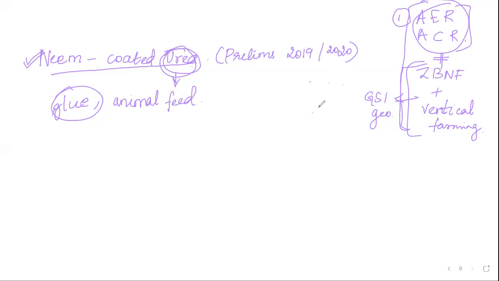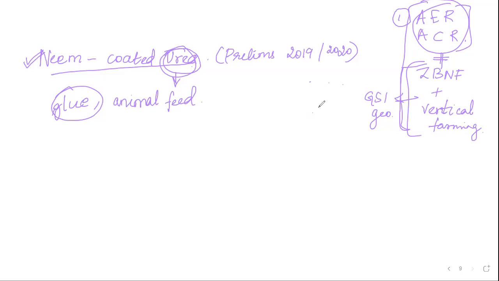But there is an additional advantage with regard to neem coated urea. The first is preventing this diversion. The second advantage is by far the most important one. Your agricultural fields, upon flooding with water and upon the addition of fertilizers like urea, will release nitrogen into the atmosphere.